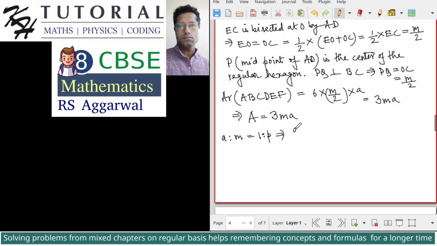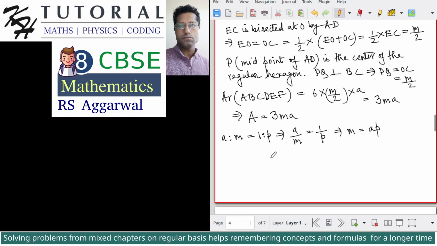This implies that A by m is equal to 1 by p. This implies that m is equal to AP.